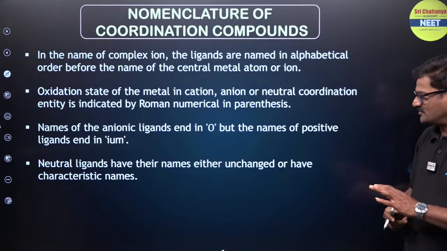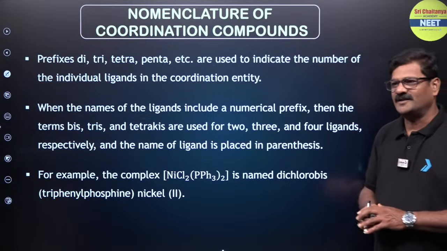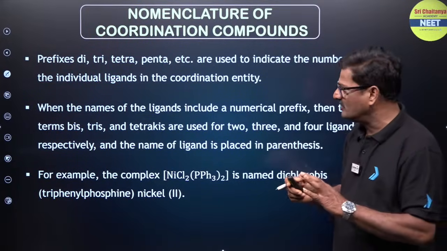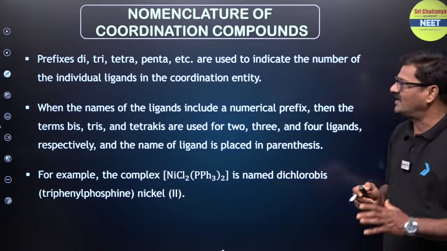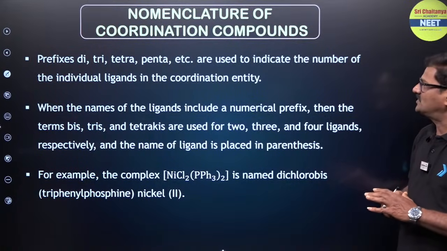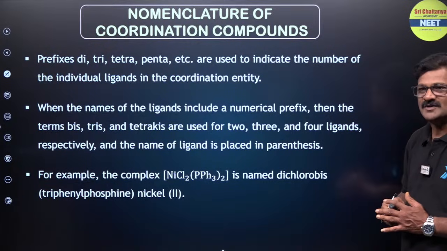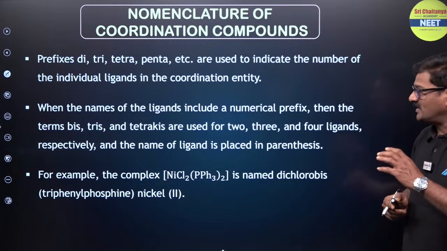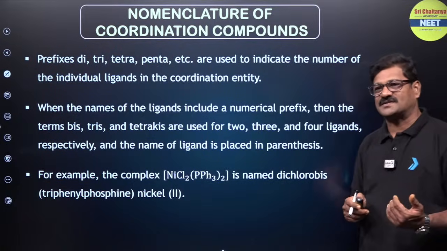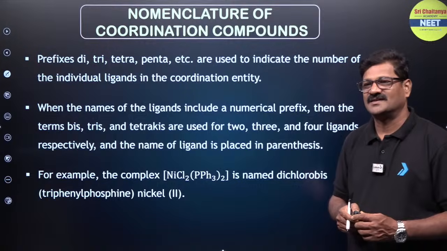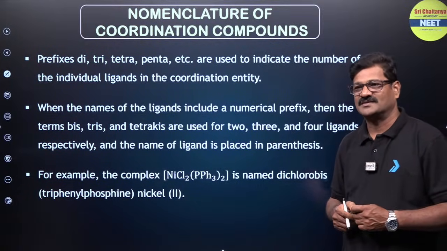Neutral ligands have their names either uncharged or with characteristic names. Prefixes like di, tri, tetra, penta, etc. are used to indicate the number of individual ligands in the coordination entity. When the name of the ligand includes a numerical prefix, then di becomes bis, tri becomes tris, tetra becomes tetrakis.